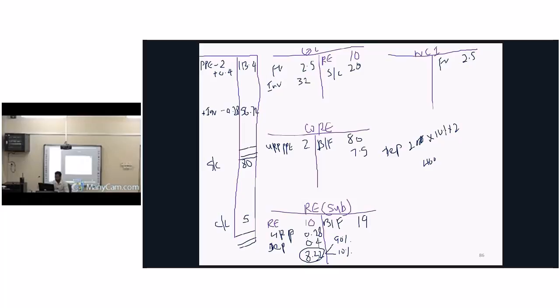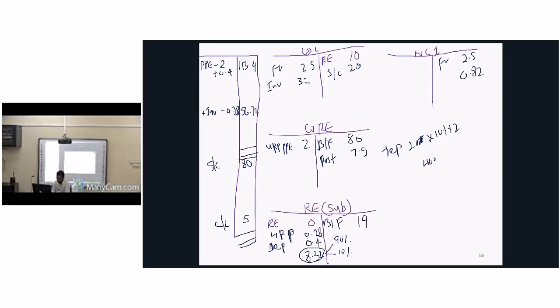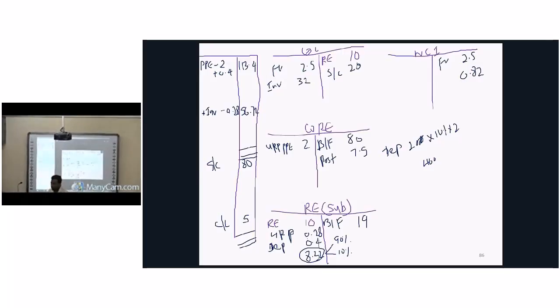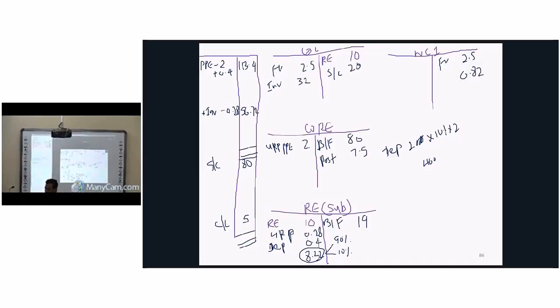This is post acquisition retained earnings, and 10% is 0.82. It is NCI portion. It goes to NCI portion from post acquisition retained earnings.